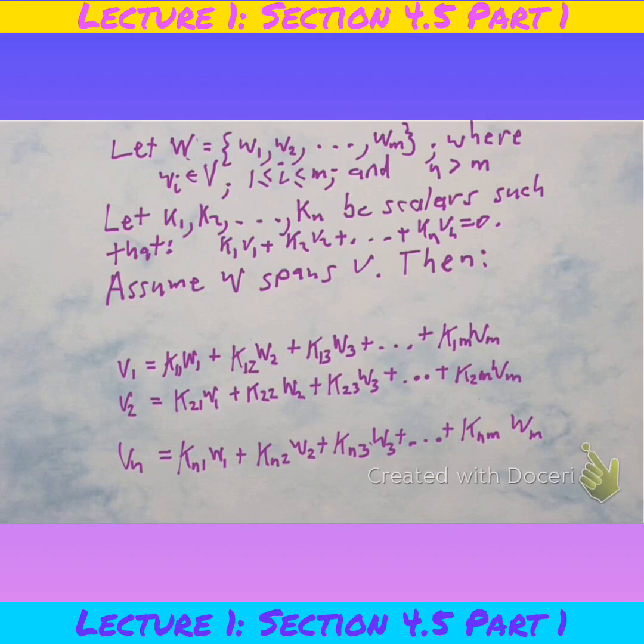So there we've got all our equations, and remember we said that W spans V, so I can write every V as a linear combination of vectors in W. All these K's are just scalars, all of them.